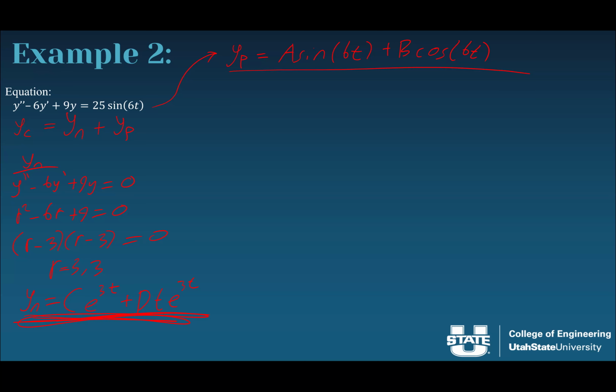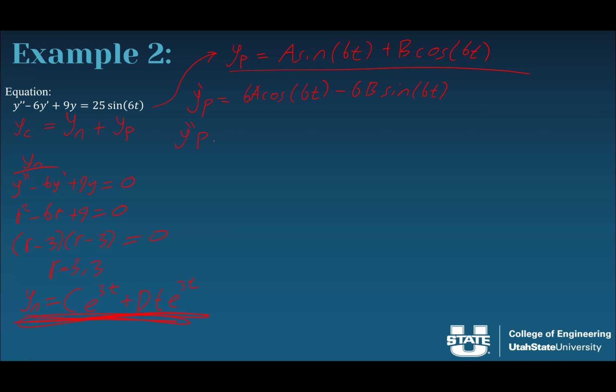But in order to solve for our coefficients, we're going to have to take the derivative and the double derivative of that. So what would our derivative of that be? Just from left to right. Correct. Yep. Perfect. So that would be our y prime of our particular solution.